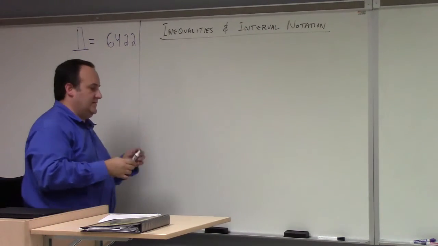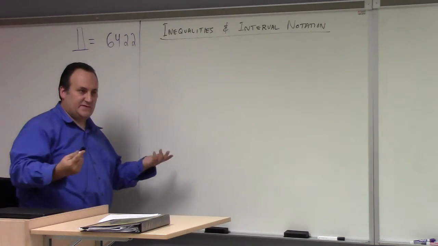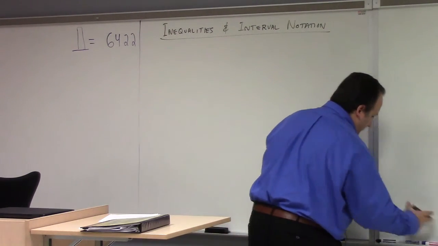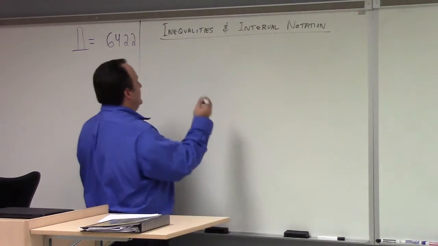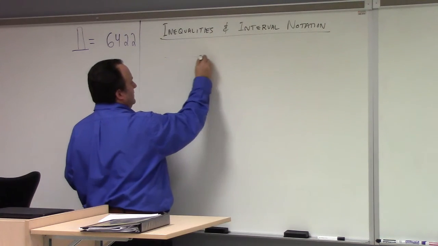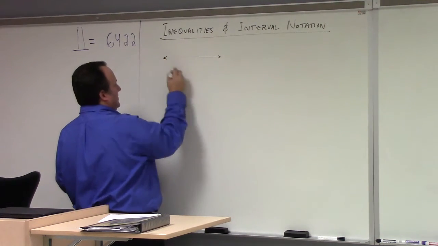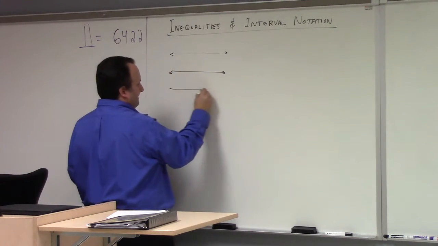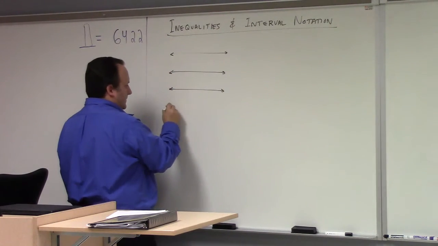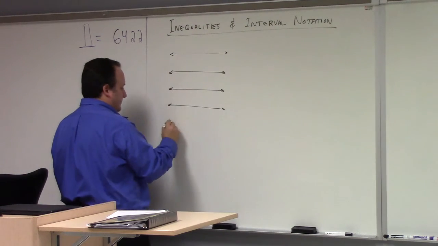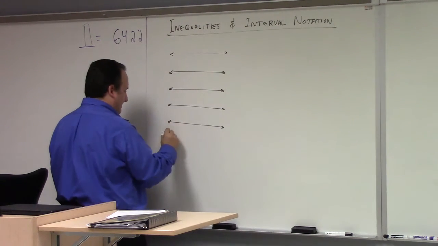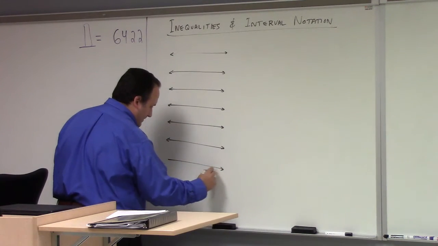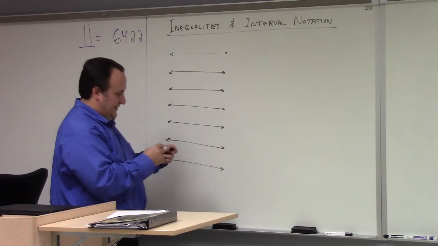So let me just give us a list of examples, sort of generic examples, if you will. Let's see here. So we might have a number line. I'm going to draw a number line. That's probably enough. We'll find out.